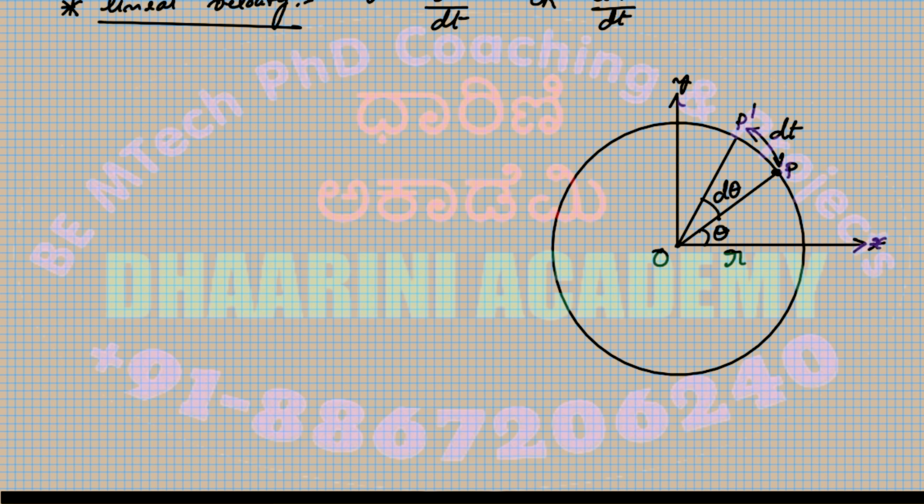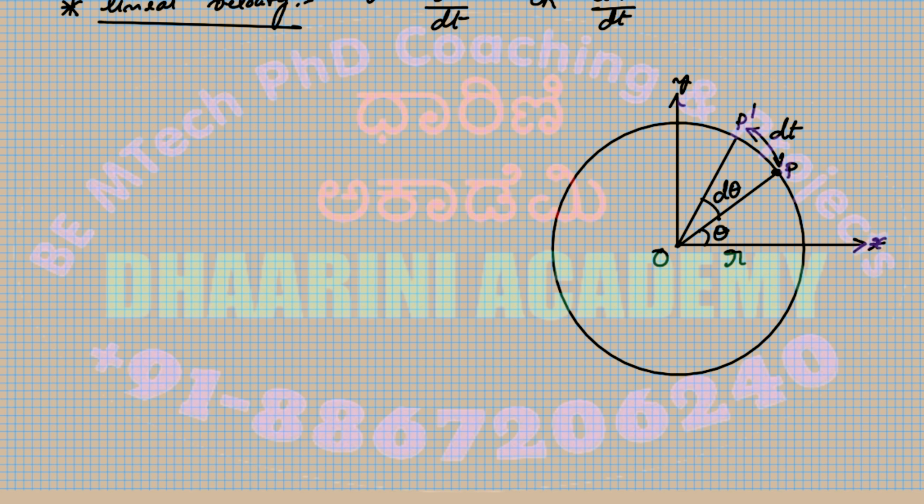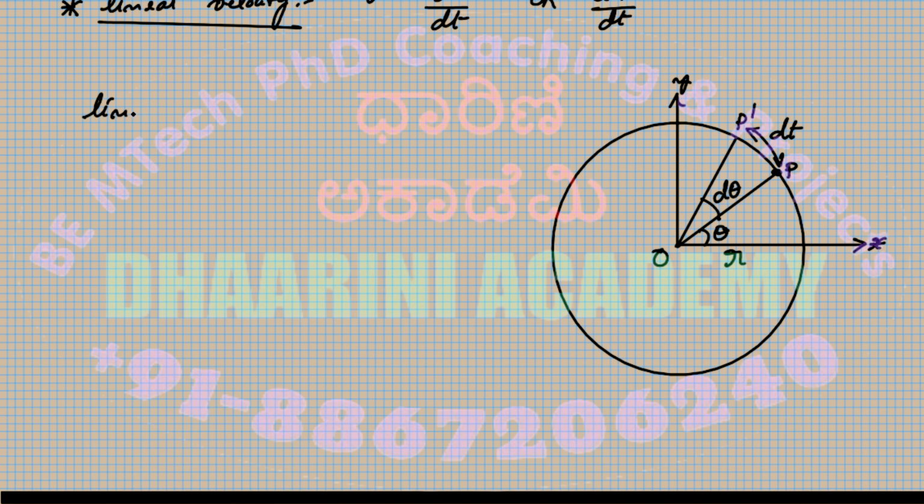Now, let us say the distance traveled by the object is pp dash, but pp dash is not a straight line, it is a curve. So when you have the curve, we want to measure the linear distance pp dash. I'll write the linear distance pp dash is equal to, using the fundamental concepts of trigonometry, let me denote that pp dash by delta s, a small distance.